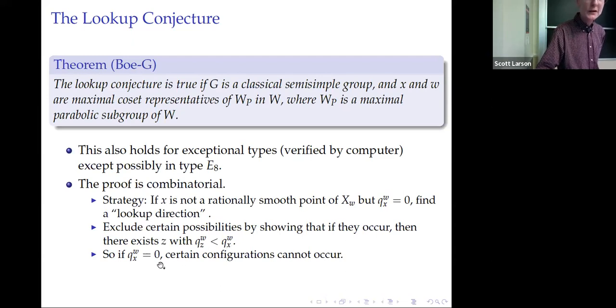And so if Q_WX was 0, we could exclude these configurations. So it was an interesting feature from my point of view that the positivity or non-negativity of these Qs entered into the proof. Although the proof is purely combinatorial, the positivity of these Qs was not something that was accessible to our methods. So it was kind of an external ingredient. I thought that was probably the most interesting part of the proof.